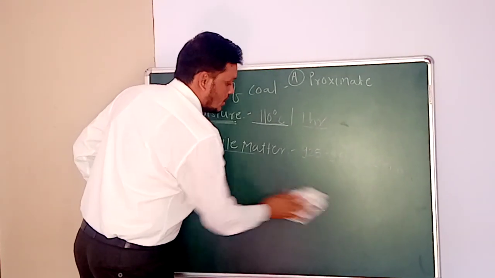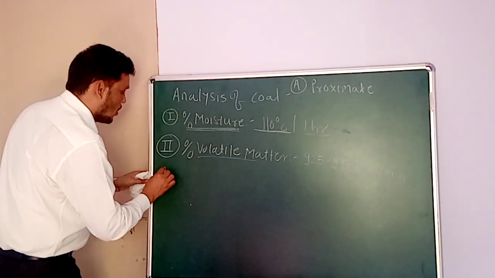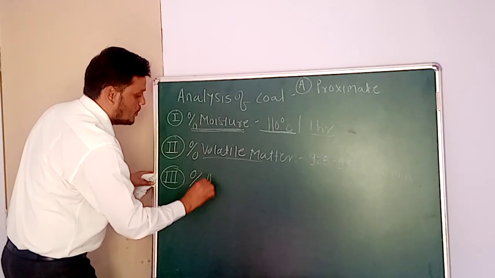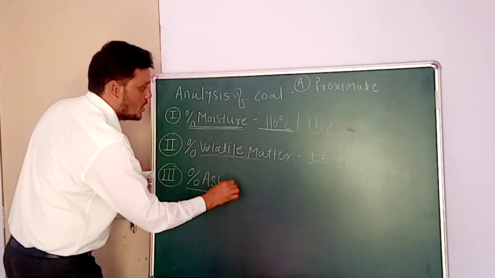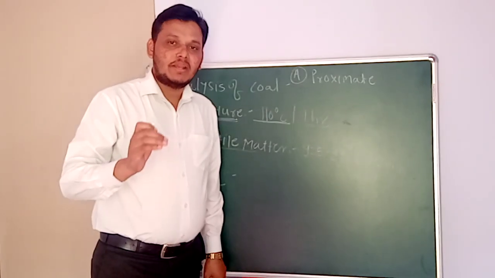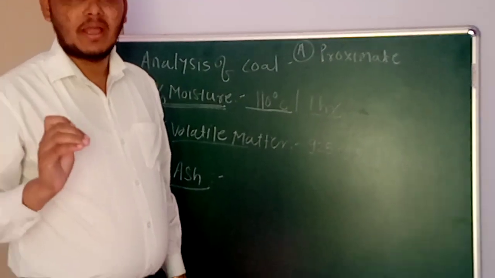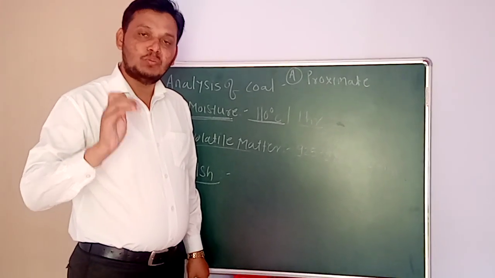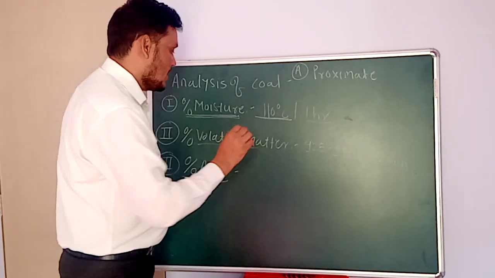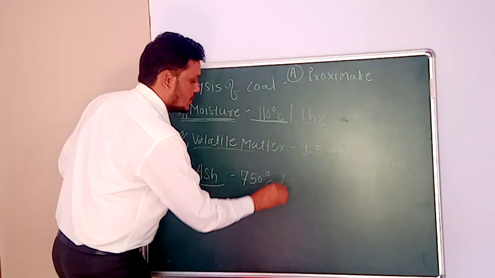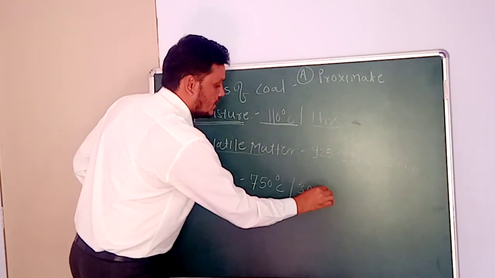Now the third one is percentage of ash. You know that ash is non-combustible inorganic matter. A known quantity of coal sample is burned in a muffle furnace at a temperature of 750 degrees Celsius for 30 minutes.